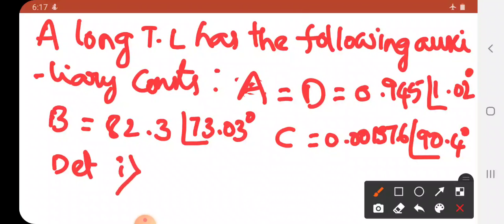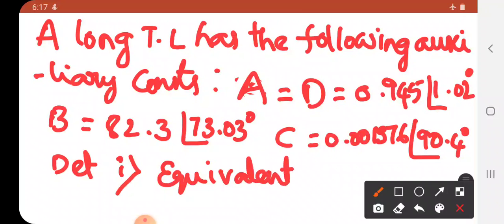First one, equivalent T network, and second one, equivalent pi network.